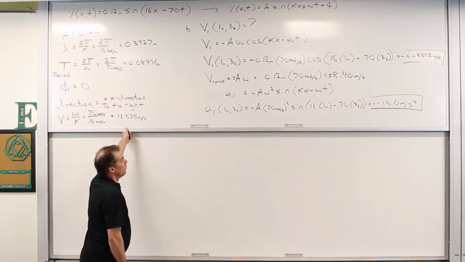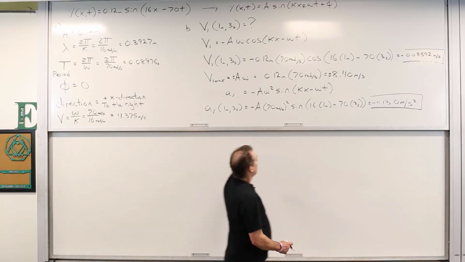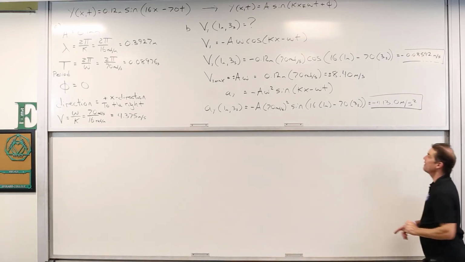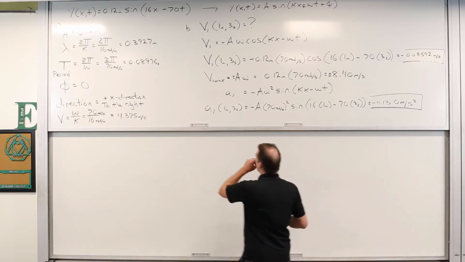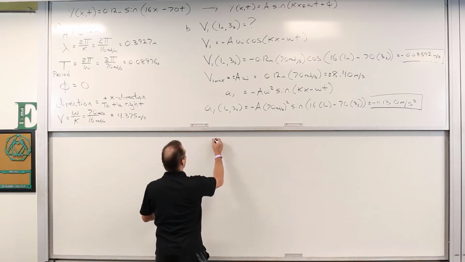Fantastic. So what do we have? We've got an acceleration that is negative, and we've got a velocity that's negative in terms of the transverse sense of this. So could we figure out approximately where it is? Well, let's just look at the max value first.